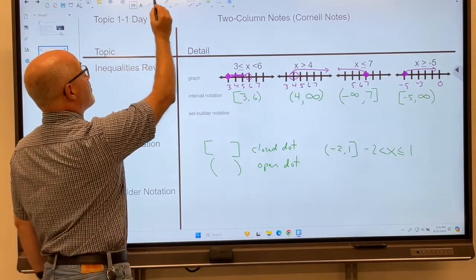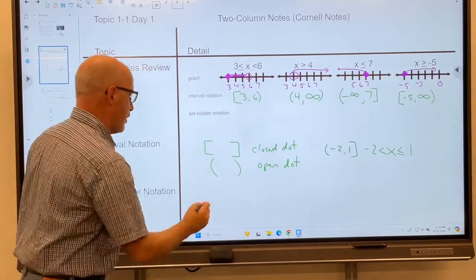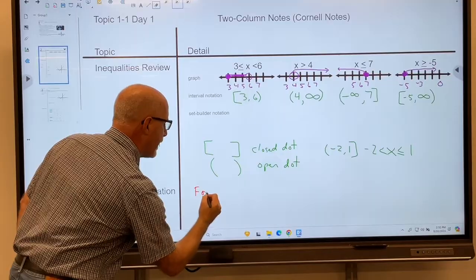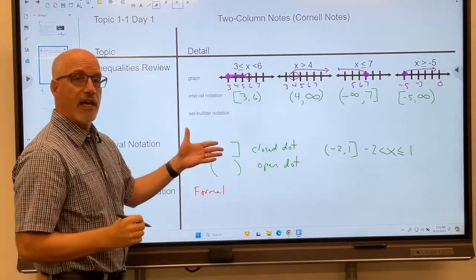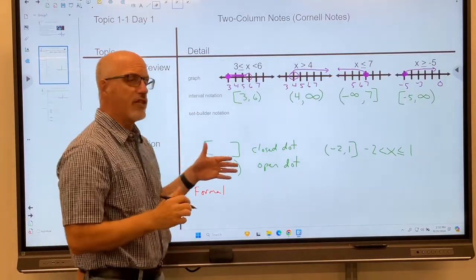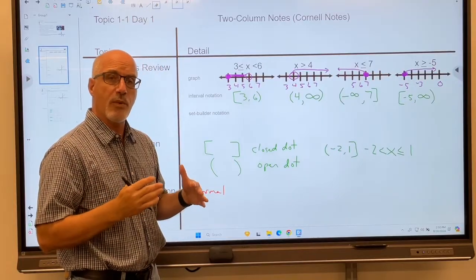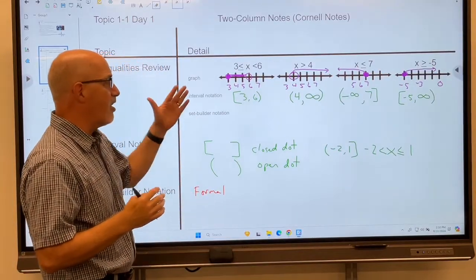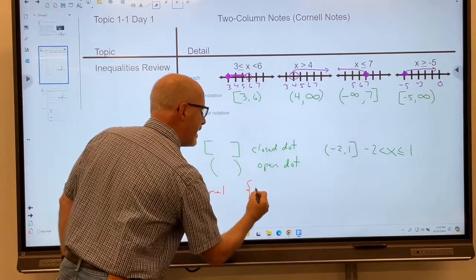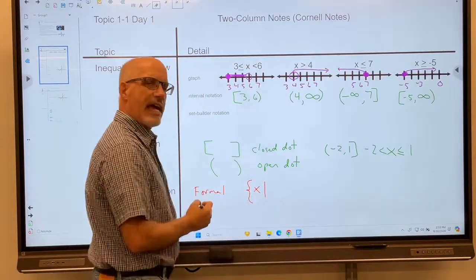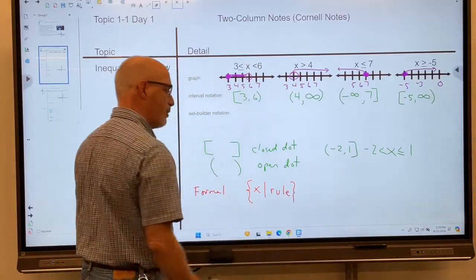Let's talk now about set builder notation. Set builder notation is the formal way we list these inequalities. Interval notation is more like a shorthand, the quick and easy way to do it. Set builder notation adds a little formality. It has a brace, and then you usually have an X with a slash, and then the rule that goes with it, and then you close it with the brace.